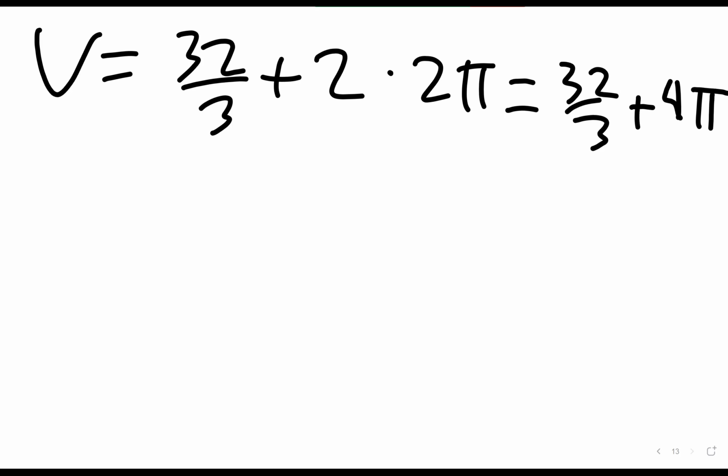On the other hand, for the method of washers, the base is not just a circle but a ring, in the sense that there are two circles of different radius, and the region is the area inside the larger circle but outside the smaller circle. Of course, you have to know the radius of the smaller circle and the radius of the larger circle.